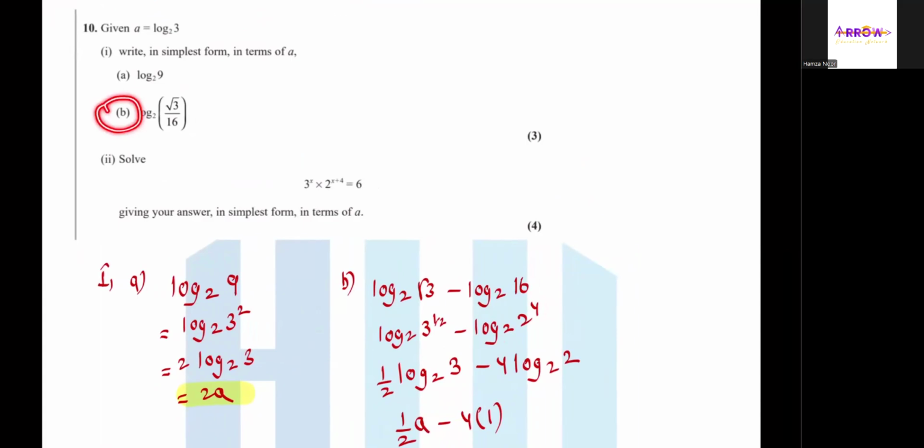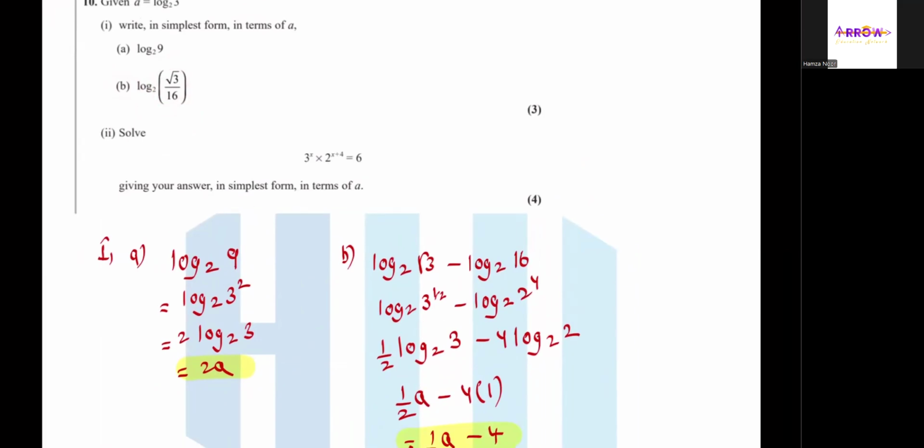After this, we have part B, which says log with the base 2 argument root 3 over 16. So here we can simply use the quotient law of logarithms. In place of under root 3, I can write 3 raised to the power of half, and in place of 16, I can write 2 raised to the power of 4.